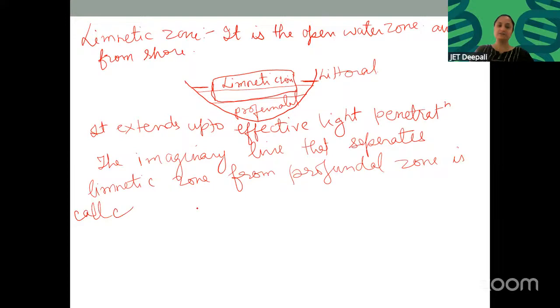If the question comes, what is the compensation point? Then you have to write: the imaginary line that separates the limnetic zone from the profundal zone. Okay, this is the compensation point.